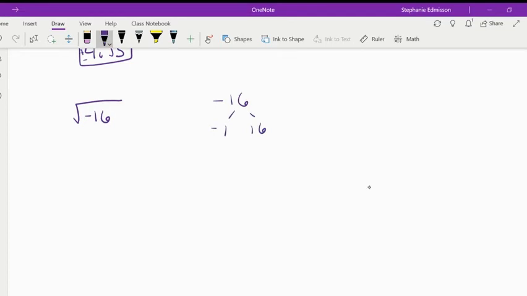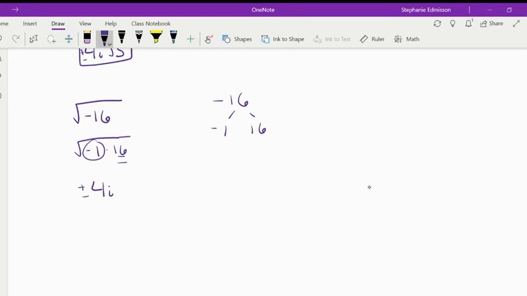So if you recognize this is a perfect square, you could say that's -1 times 16, and you would know that that is an I and that the square root of 16 is 4. So you could write 4I.